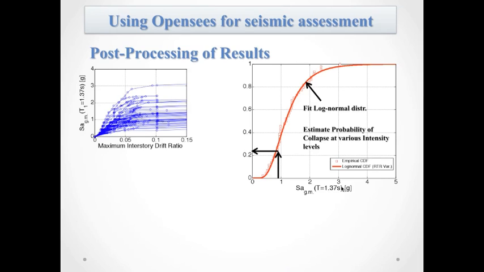So the engineer is free to select and to find the collapse risk for each different building for different spectral acceleration levels. And finally, we modified the collapse risk using the shape factor.